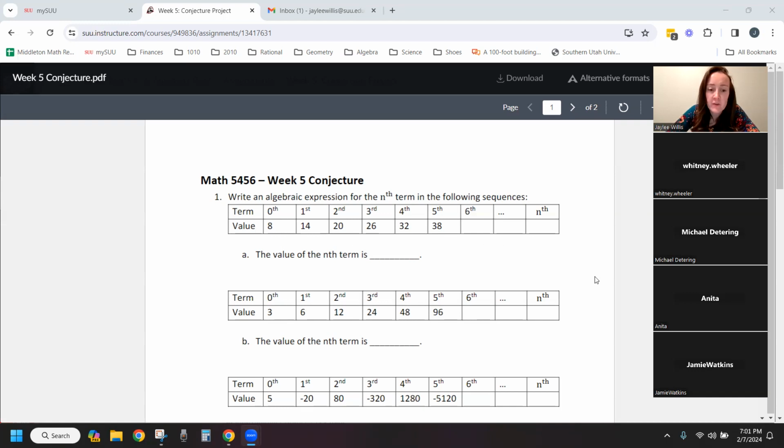Okay, so if we start on this first one, what is the pattern that you notice in the values between each consecutive term? You can notice a recursive pattern where it depends on the previous one, or you can find the explicit one, which is what we're looking for, where you could just plug any number into it.